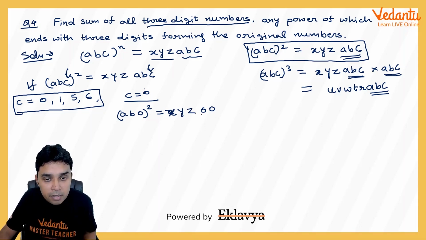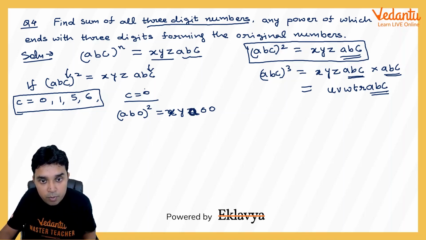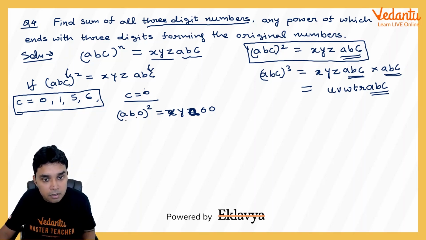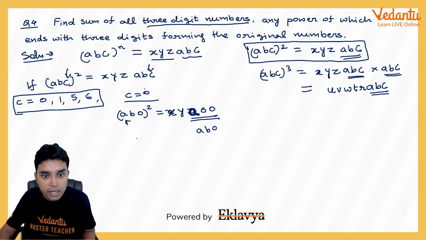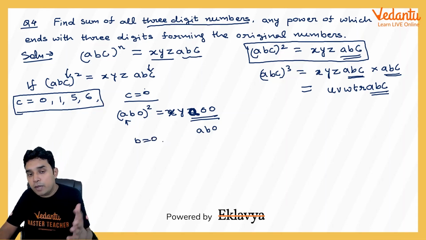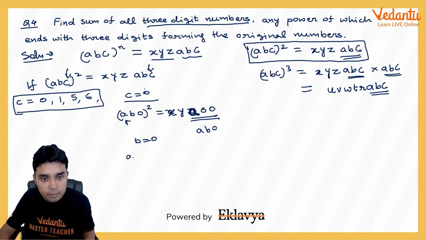Also, the third last digit should be A here, because we want this property that A should be the number at the hundreds place. So if I compare these 3 digits with A, B, 0, we get B to be 0. So actually, if C becomes 0, my tens place should also be 0. That means my number will actually be A, 0, 0.